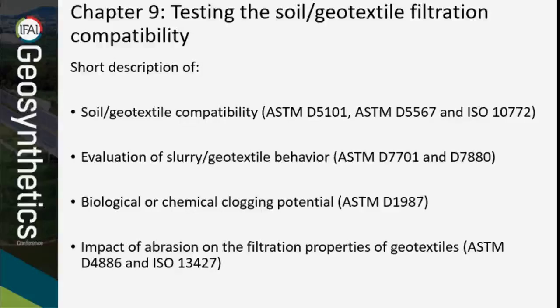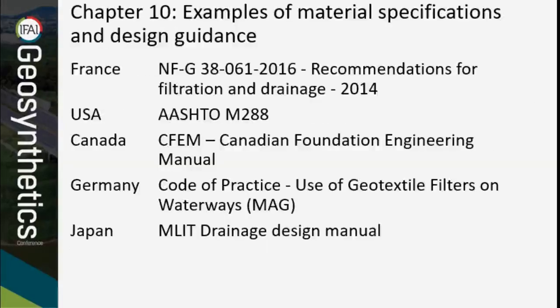So we have a short description for each of the tests you see listed on the screen, which may facilitate the work of users. In the last chapter, we identify material specifications and design guidance which are used in different countries. So these are listed to facilitate interpretation and reading by potential users.